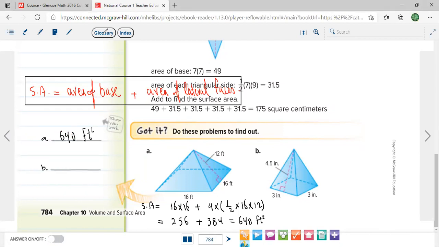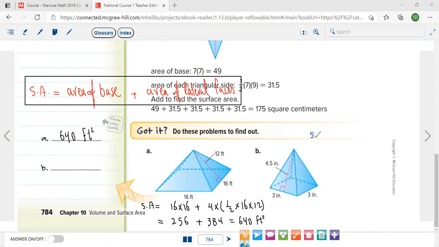Now, problem B. The same rule. Surface area of a pyramid equals area of base plus area of lateral faces. So I'm going to do this right now.